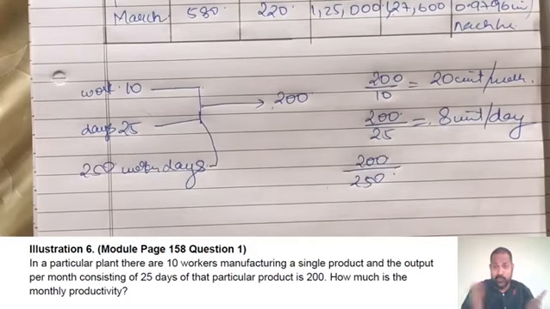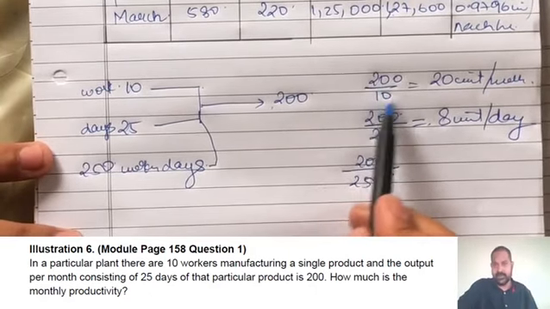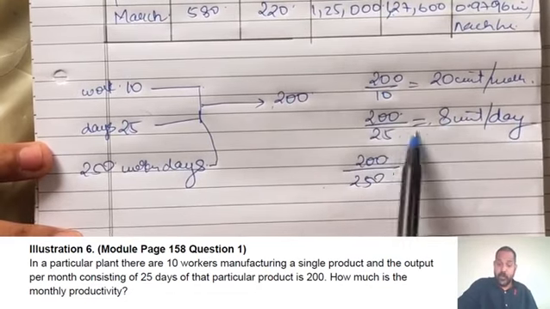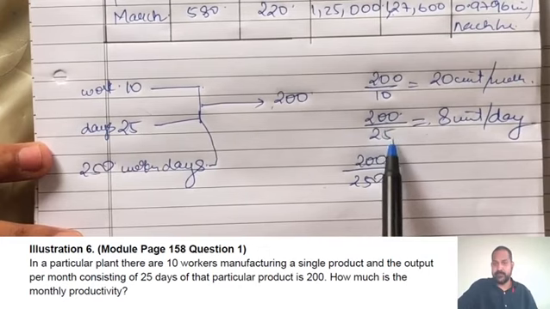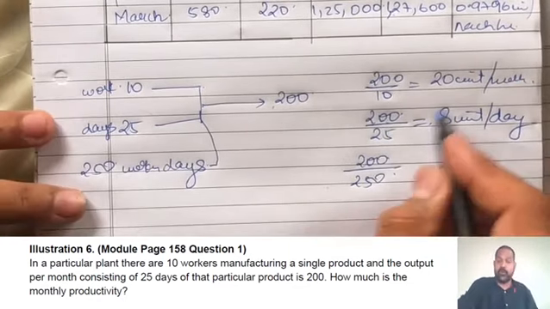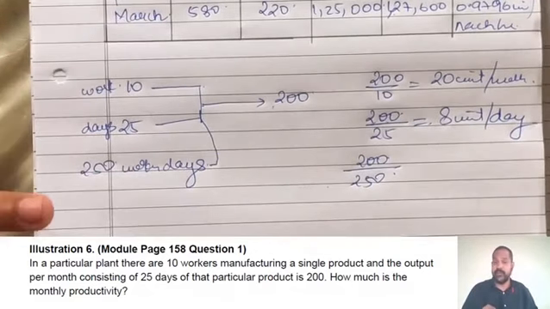Sir, what do you mean by 250 worker days? See, I'll tell you. This is 10 workers working together. This is 25 days. So in one day, you get an output of 8. But in that one day, aren't there 10 workers working together?